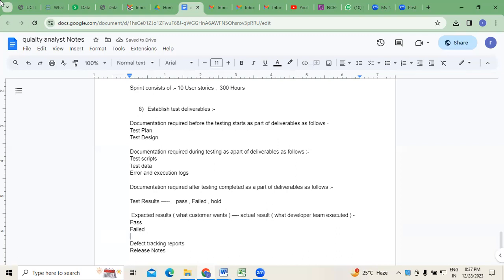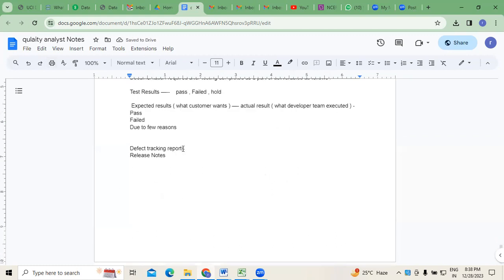The third one is called hold. Hold means due to a few reasons, which will of course be mentioned there, but I'm just mentioning it, we are keeping this particular functionality under hold.